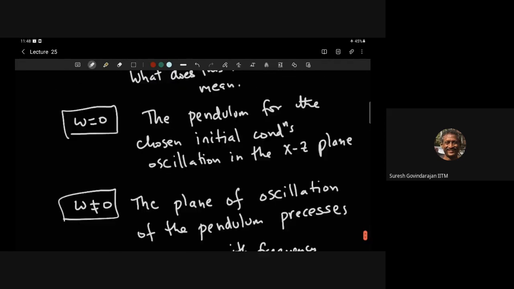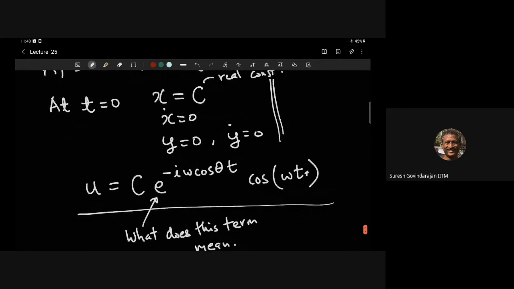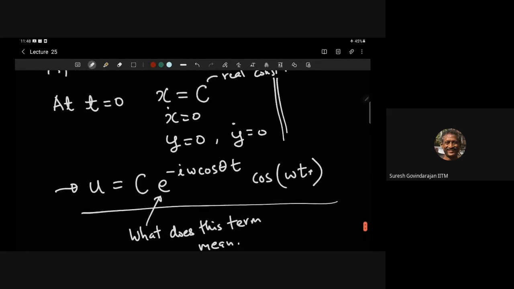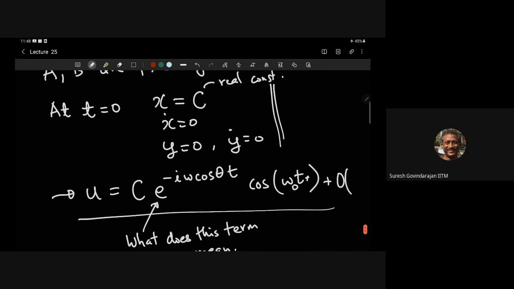One more thing you should do is go back and put this in that equation, and you should find that it does not solve that equation. Nobody pointed out this should be omega naught t. So this is actually plus order terms which you have dropped, which will be smaller by some order omega by omega naught.